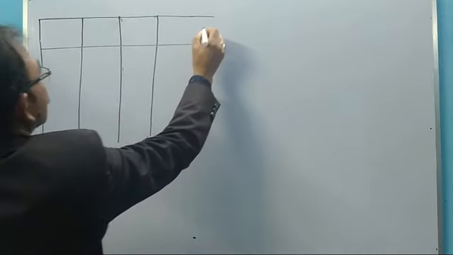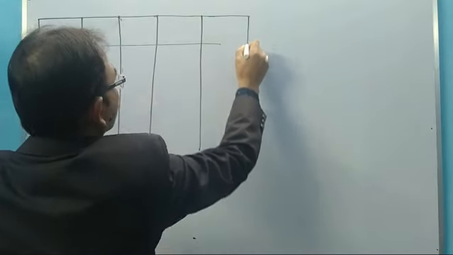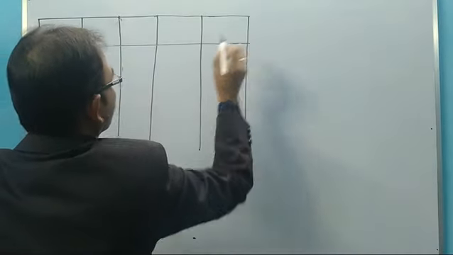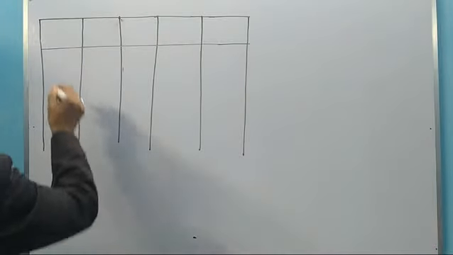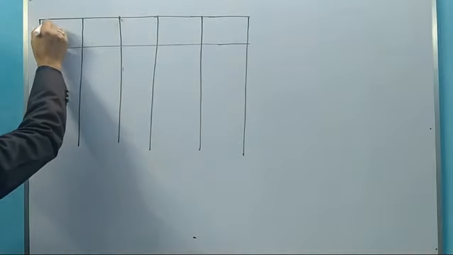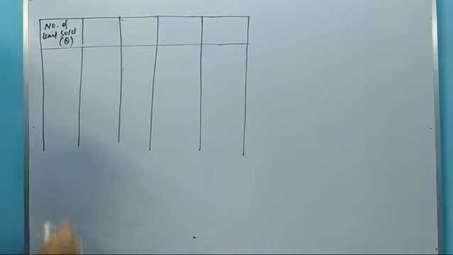So first I am making the 5 columns. First column is the number of units sold, means quantity.